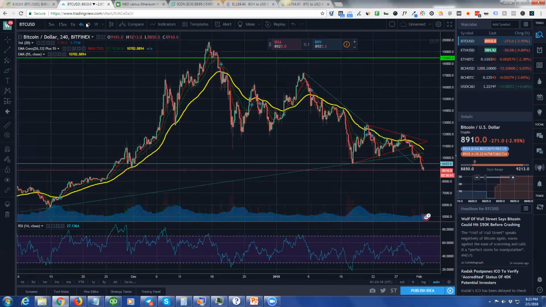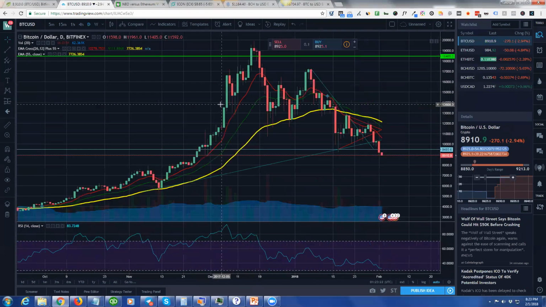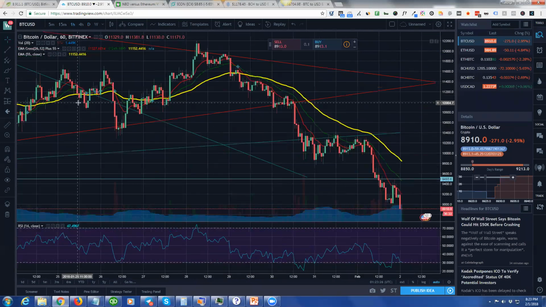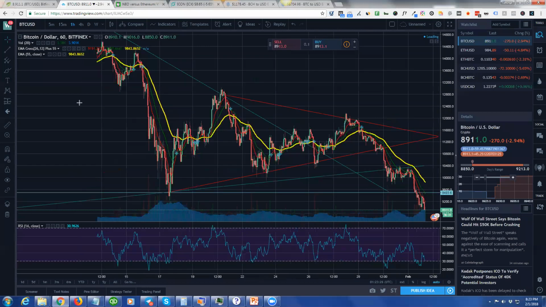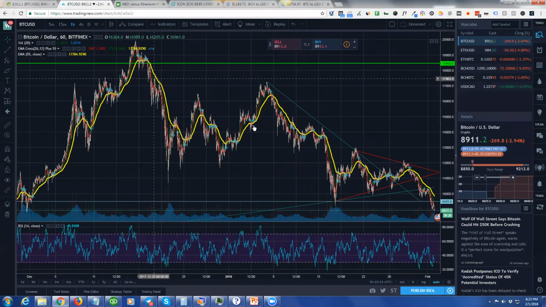If I zoom out, I'm going to go to the daily. If we look at the charts, and again the 1 hour, we're seeing that we're really on a downward trend. Over the last little while we've been on a heavy downward trend.